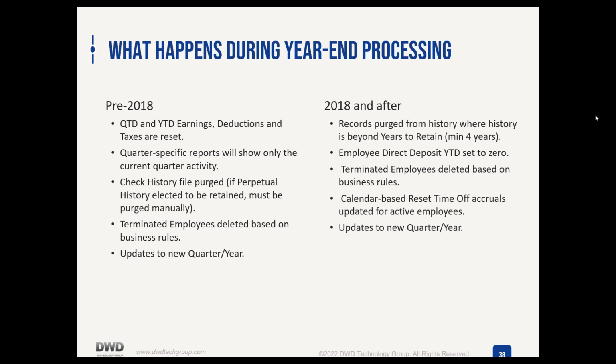Terminated employees will stick around for a minimum of 2 years, and after those 2 years have elapsed and those employees are still in a terminated status, they will start to be removed from your employee listing. If you're using calendar-based reset rules to reset time off, or any of the 3 time off functions that you can set up, those settings will get zeroed back out. And then, of course, we update into the new quarter and the new fiscal year, calendar year.